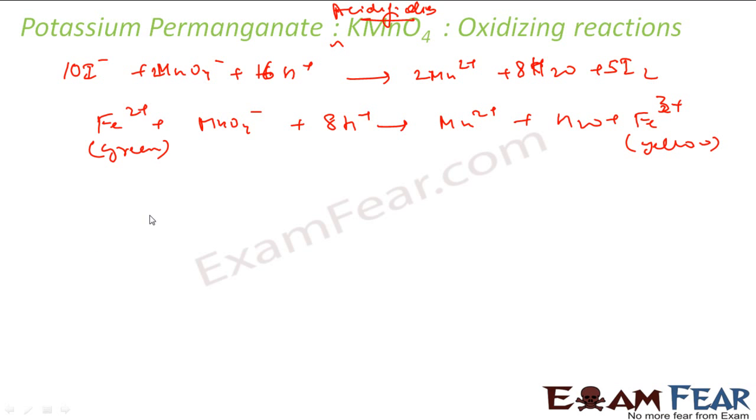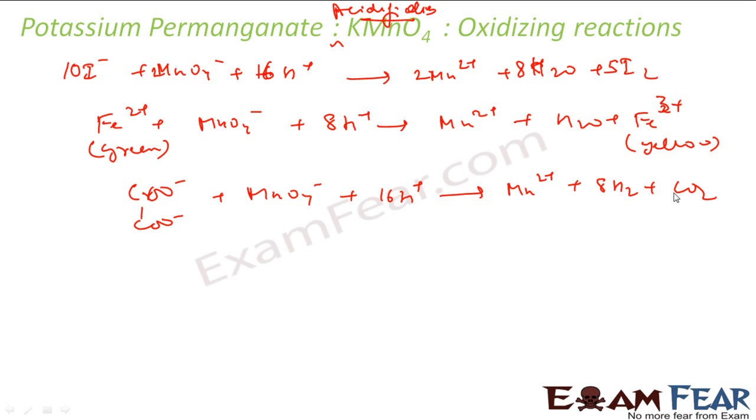Okay, oxalate ions also, it can actually oxidize. C2O4 2 minus, I have shown that, and you use again MnO4 minus, we use some acidic medium to make it a better oxidizing agent. You get Mn2 plus and some water molecules, and this comes out as carbon dioxide. This is the reaction. Okay, similarly, hydrogen sulfide is also oxidized, again by MnO4 minus.